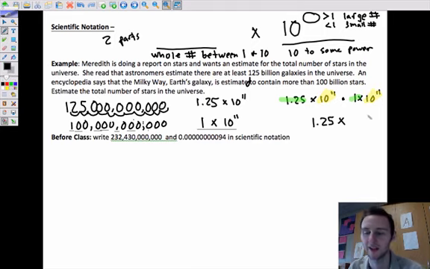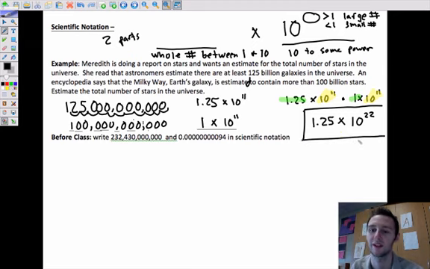I can combine those because we know the product rule for exponents. So 10 to the 11th times 10 to the 11th is just 10 to the 22nd, and this would be my answer. There are approximately 1.25 times 10 to the 22nd stars in the universe.